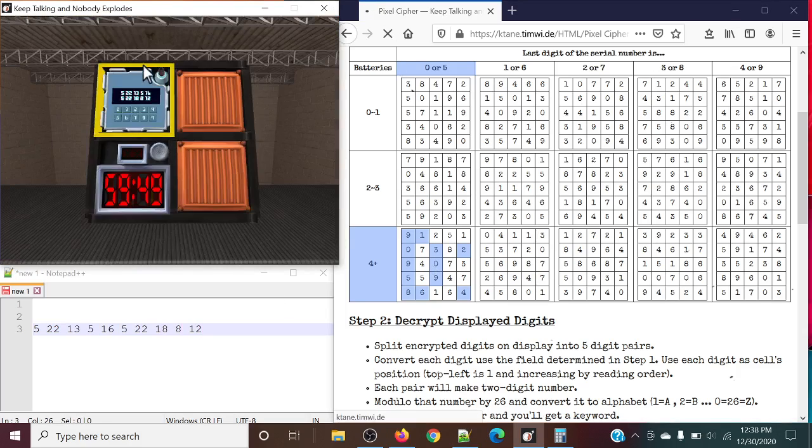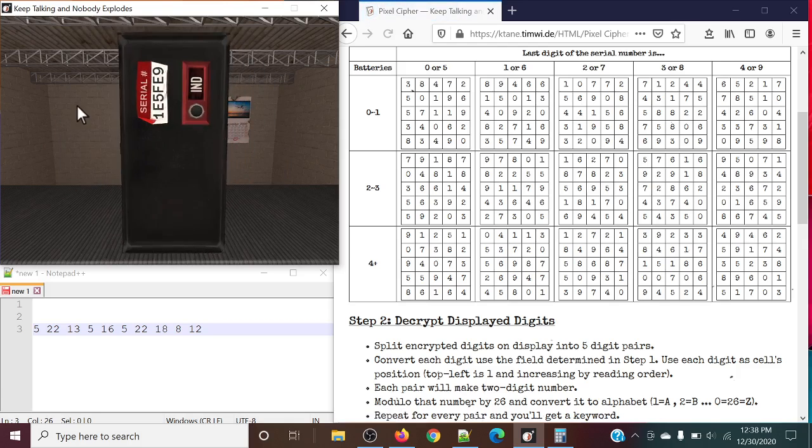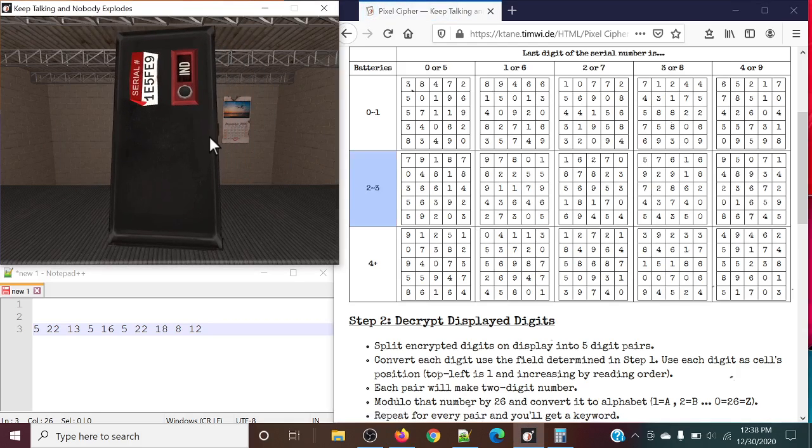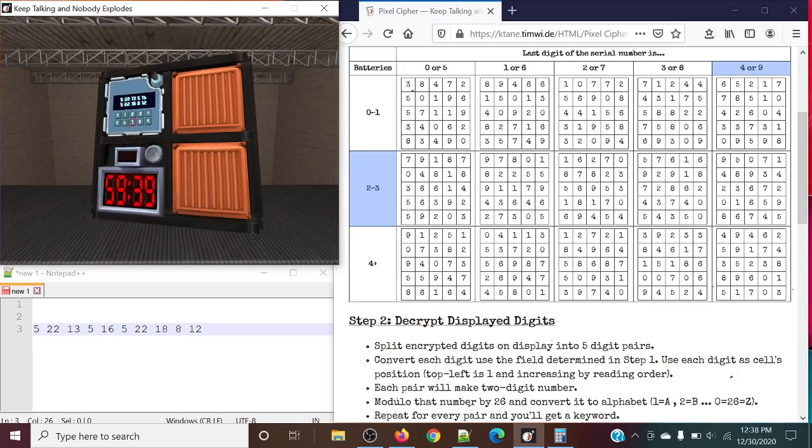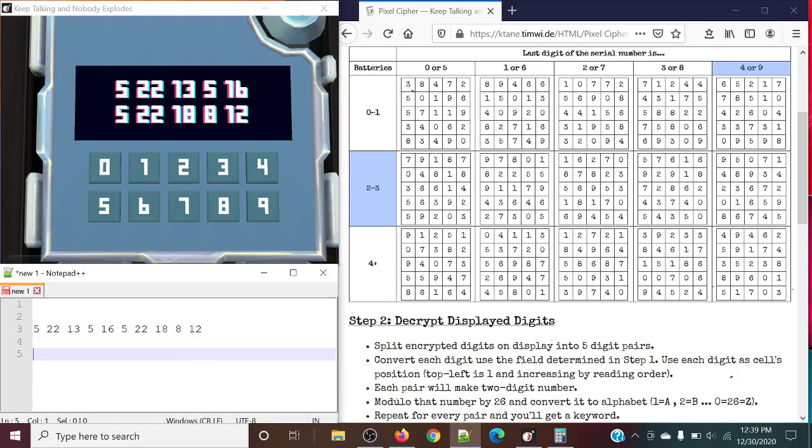Okay, let's see what we have here. Our battery count in this case is 2 to 3, and our last digit is indeed a 9. So we're going to be looking at this little grid over here. So 5 is going to be a 1. You can see here, 22, 5, 10, 15, 20, 21, 22 is a 6. 13, 5, 10, 11, 12, 13 is a 6. 5 is a 1, as we previously determined. 5, 10, 15, that's a 0.